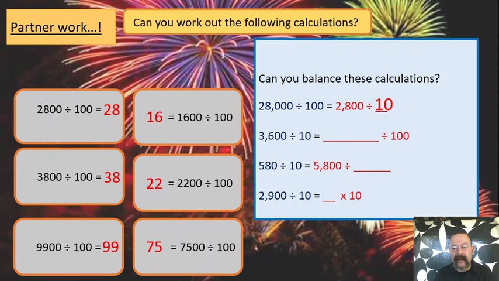So the other answers are 36,000, 100, and the last one, we've got a multiplication here, is 29. Okay, so 29 times 10 is the same as 2,900 divided by 10. So quite tricky, those ones. Well done if you got them correct.